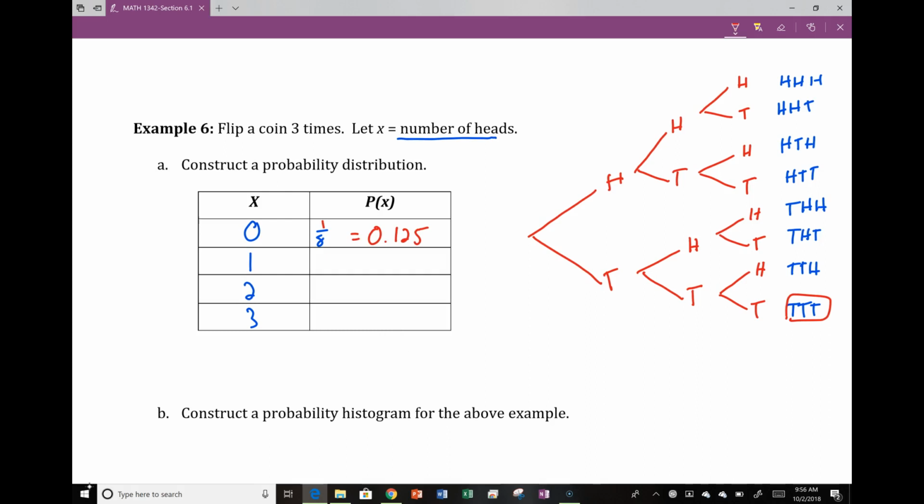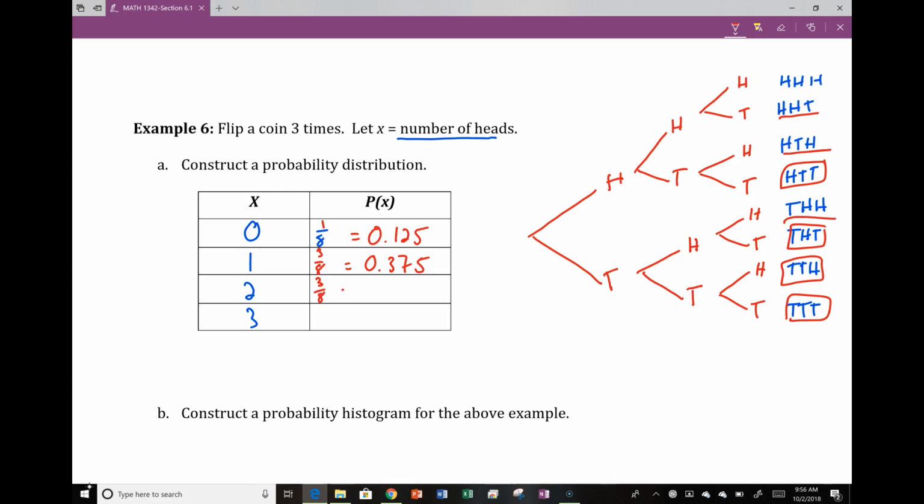The probability of getting 1 head is going to be, here's 1, here's another 1 head, and here's another 1 head. So that's 3 out of 8, which is 0.375. Getting 2 heads, here's a 2 head, here's a 2 head, here's a 2 head.